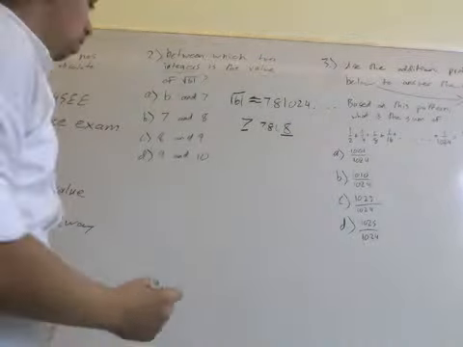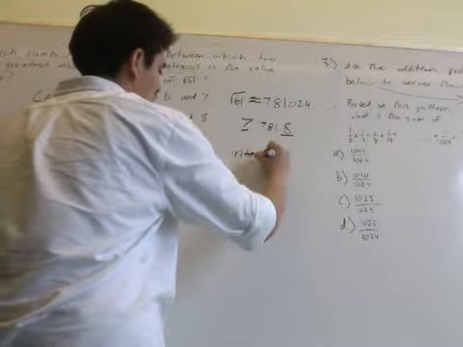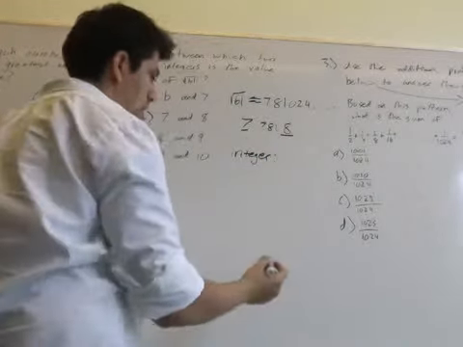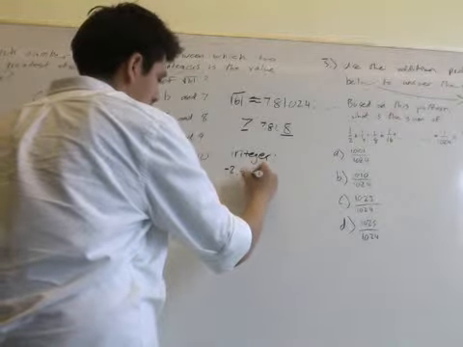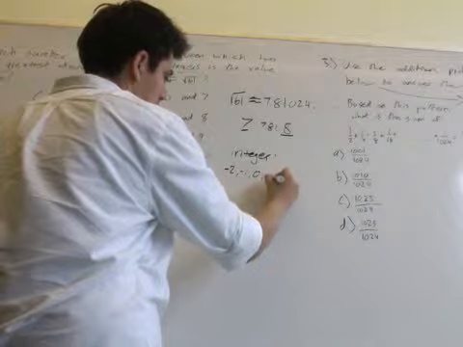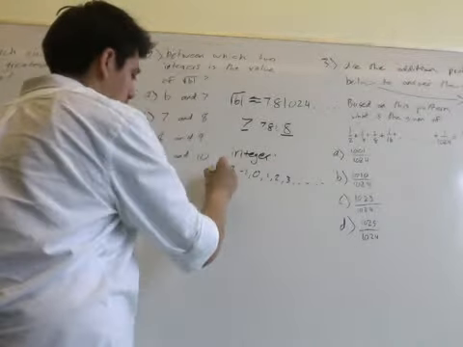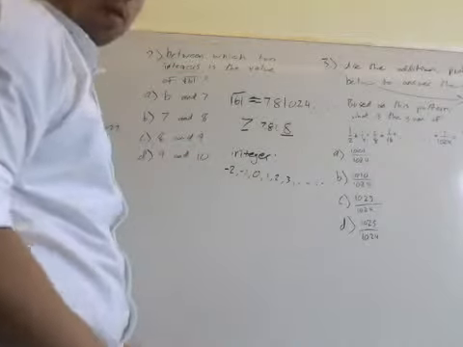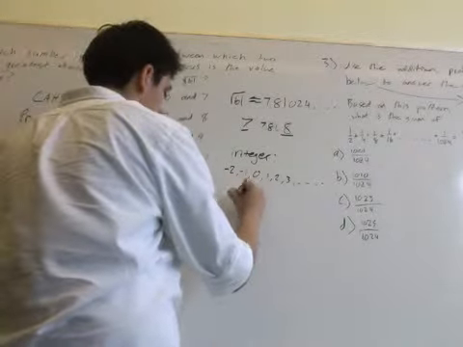An integer? What is an integer? An integer are the following numbers. You have all the negative numbers. You have 0, you have 1, 2, 3. All the positive numbers, all the negative numbers. Whole numbers though. They cannot be like 7.8.